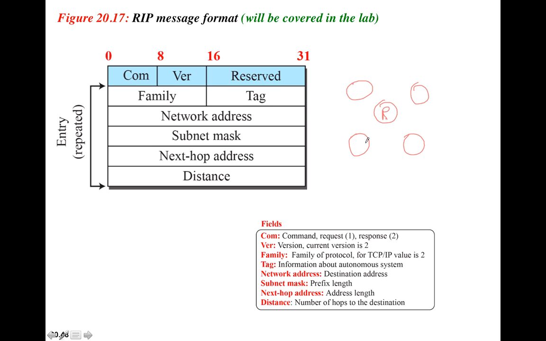But instead of going like this to reach the destination here, considering these are too far away from each other, it would be easier to go in this way, even though this is not using RIP. So the next hop address gives you the preferred router that we could use. And the distance will give the number of hops to the destination. So this is the RIP message format.